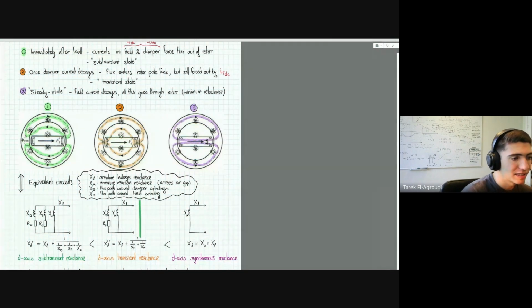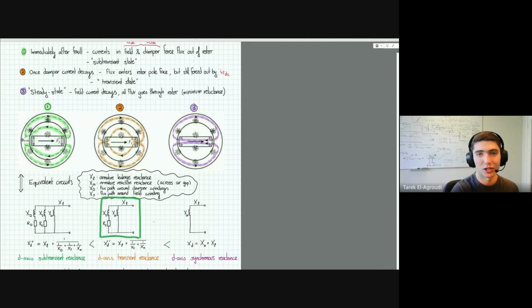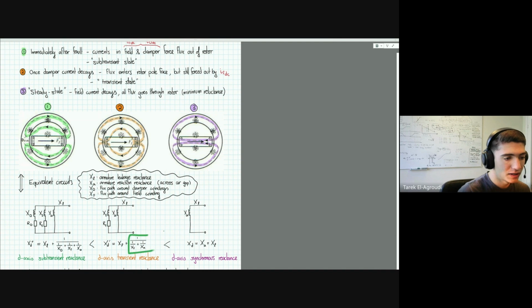Since it's no longer affected by the damper windings, the effective circuit is only affected by the armature inductance and the field reactance, so these 2 reactances. They are also in a parallel configuration, so you get an effective reactance which is bigger than the subtransient case.